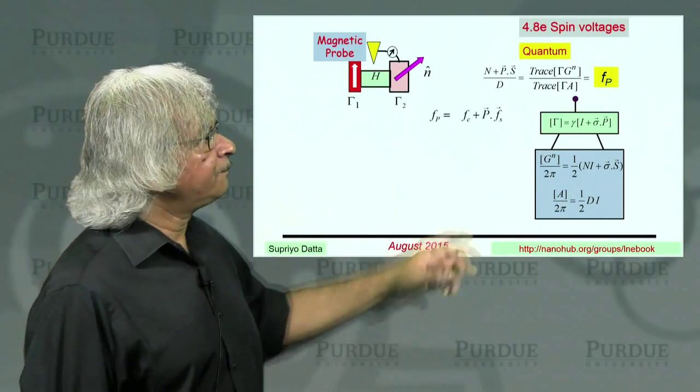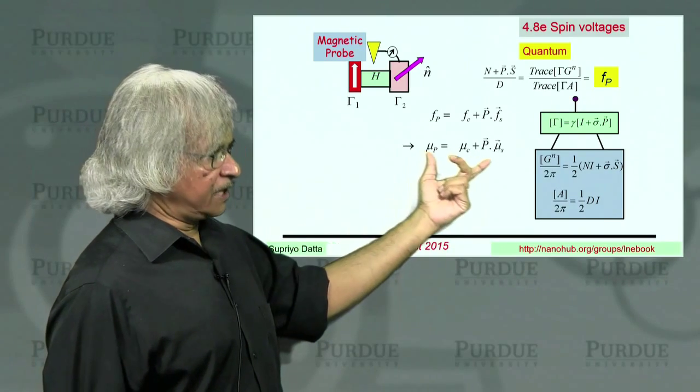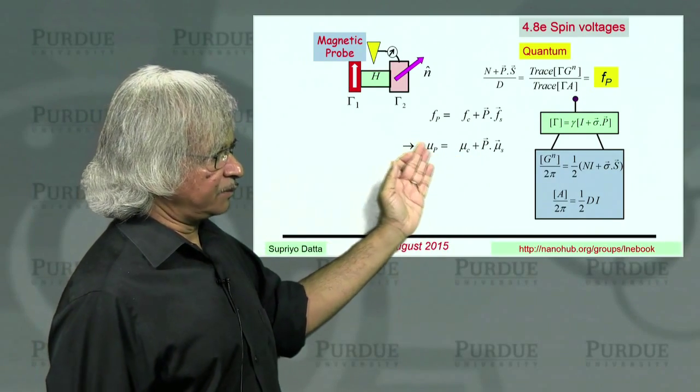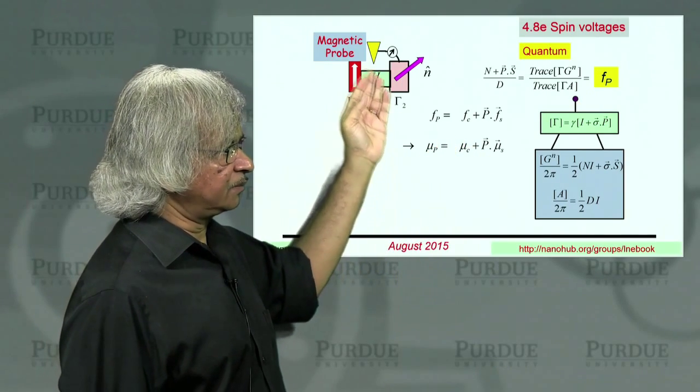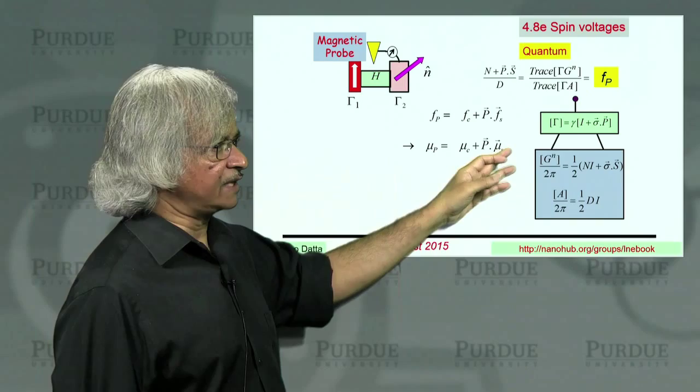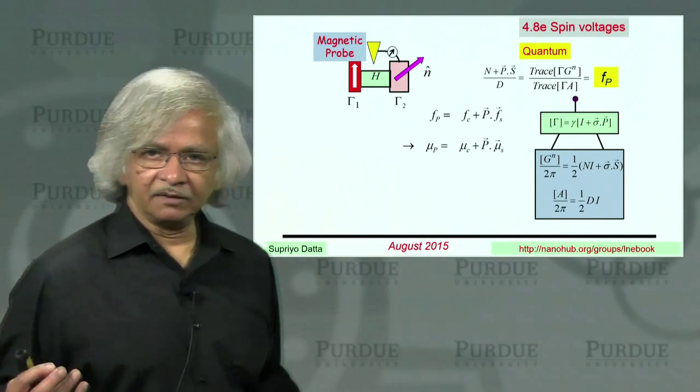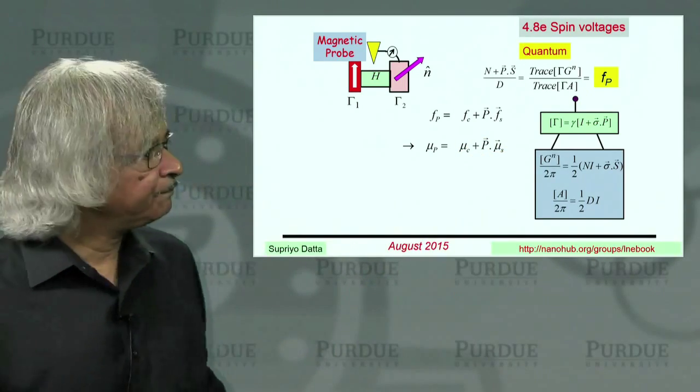And this you could translate into potentials, as I had mentioned. So, you could say, okay, the potential on the probe is, again, the charge potential, the chemical potential inside, plus p dot mu s. And mu s is like the spin potential inside.